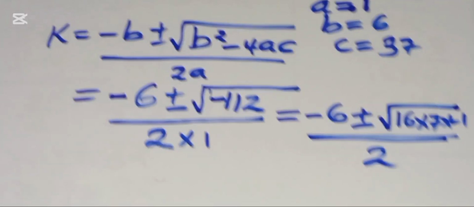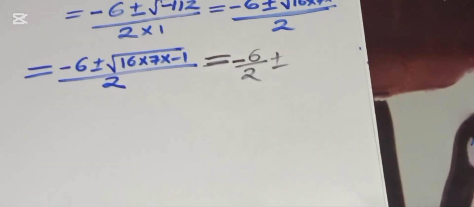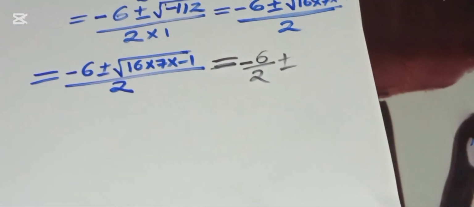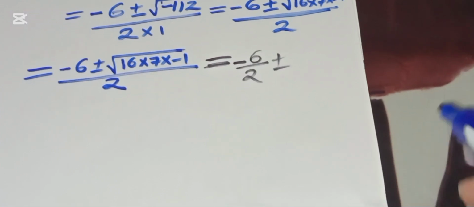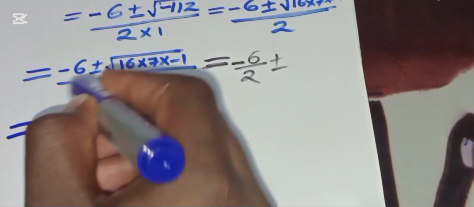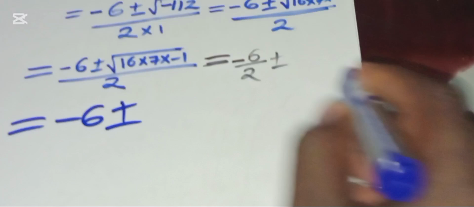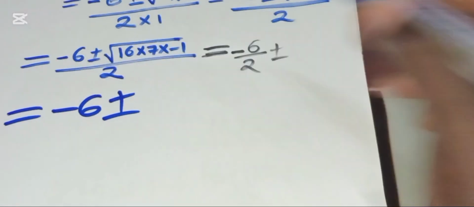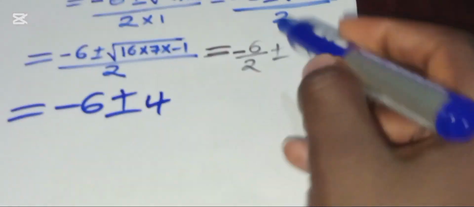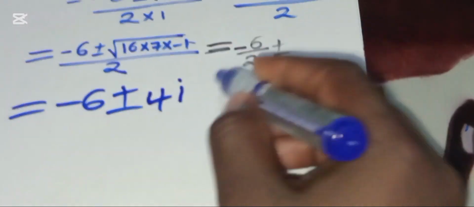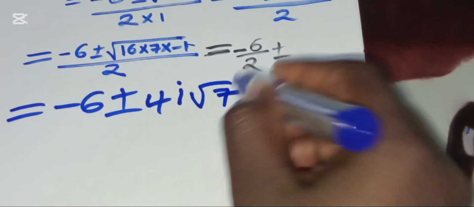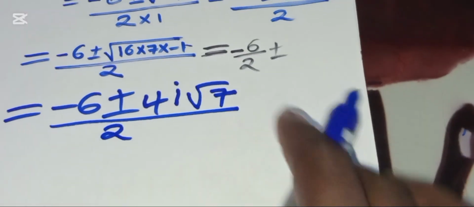Now what we have here is negative 6 plus or minus the square root of 16, this is 4, multiplied by the square root of negative 1, this is i, multiplied by the square root of 7, divide everything by 2.